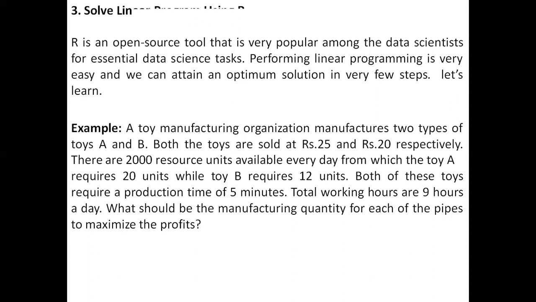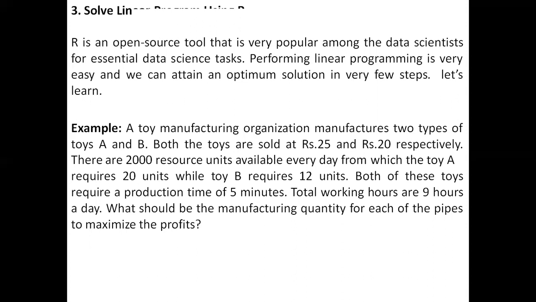That is the basic question. So how much quantity can be manufactured is one of the constraints. And coming to the major point of view, for type A and type B toys, if we are utilizing only 20 units, within that our required quantity can be manufactured within 5 minutes.